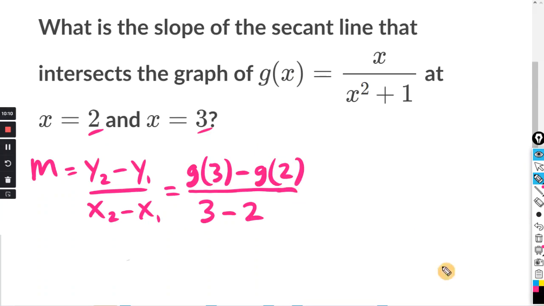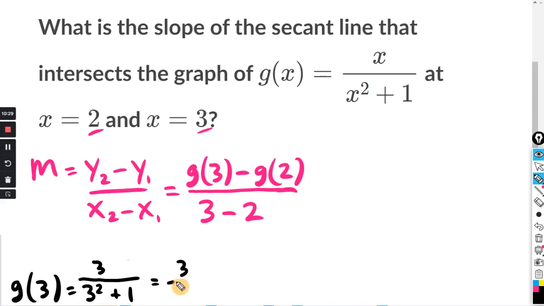All right, so let's evaluate g of 3. We have 3 divided by 3 squared plus 1. And that's going to be 3 divided by 9 plus 1, which of course is 10.